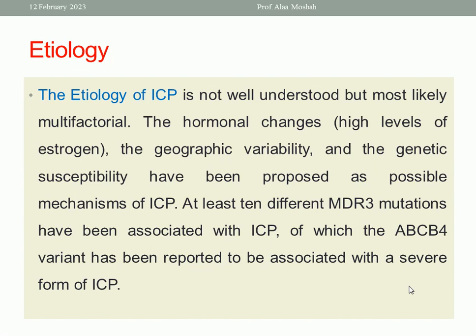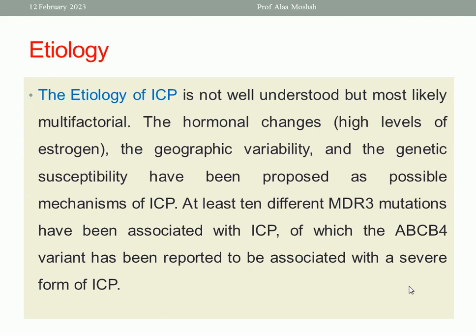The hormonal changes, especially the high level of estrogen that occurs during pregnancy in late second and early third trimester, the maximum level of estrogen, is responsible for this cholestasis with pregnancy. Maybe also progesterone, but mainly the high level of estrogen. That's why it occurs in the late second trimester and the early third trimester when the estrogen is at the peak.